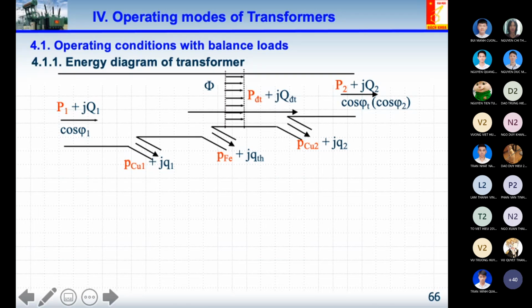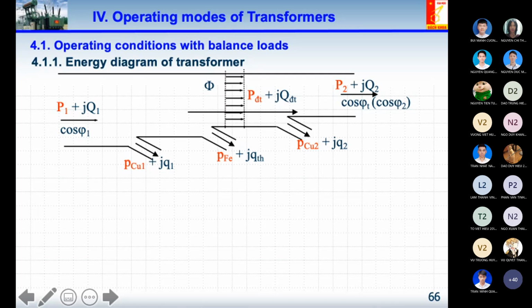It means that they ask you to compute PDT here. How to compute? If you look at this diagram, assuming that they give you P1, PCU1, PFE here, it's very easy for you to compute PDT.